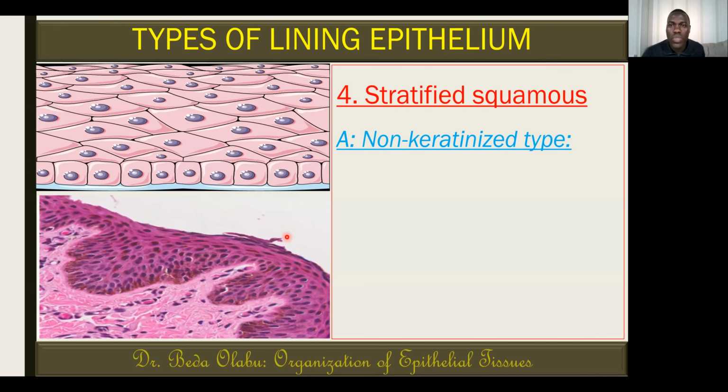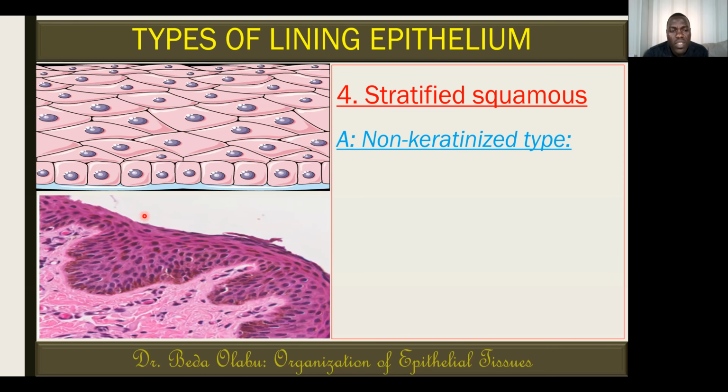I'd mentioned to you that there are times that we love to use this third concept to classify lining epithelium, the concept of apical surface specialization. Stratified squamous epithelium is one of that kind of epithelium where we want to look at the apical surface specialization. So there is this one where we have stratified squamous epithelium, but there is no apical surface specialization.